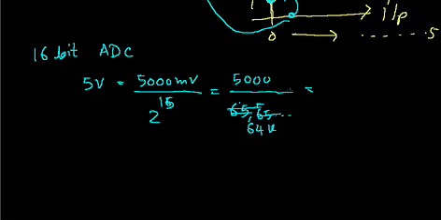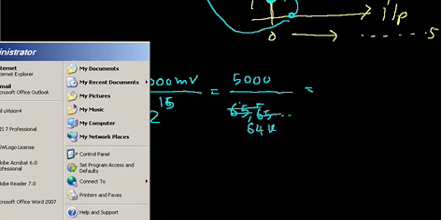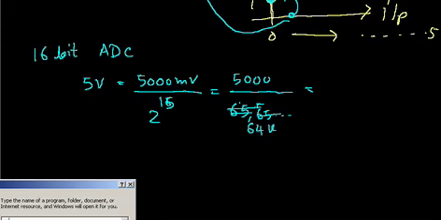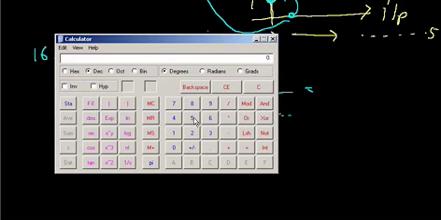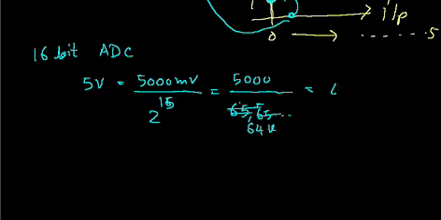How much does this come out to be? So, 5000 divided by 64K is about 0.078 millivolts, roughly 0.07 millivolt.